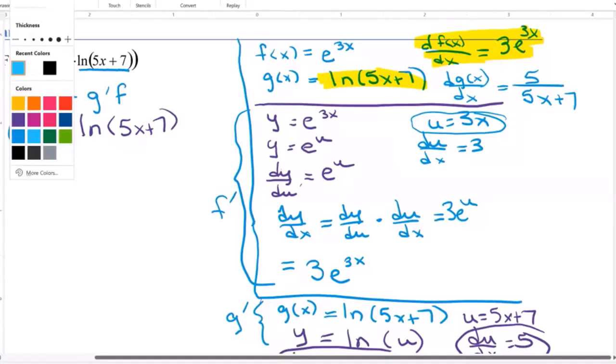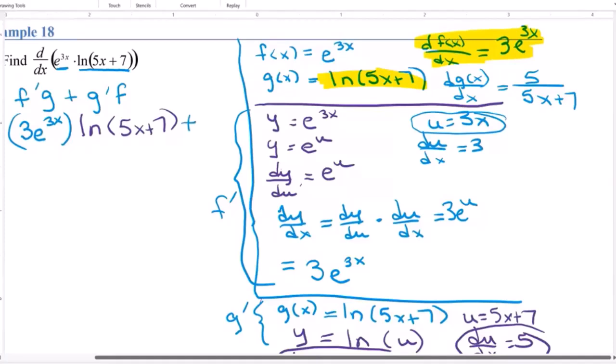Then I have plus g prime times f. So g prime is 5 over 5x plus 7 times f, which is e to the 3x.